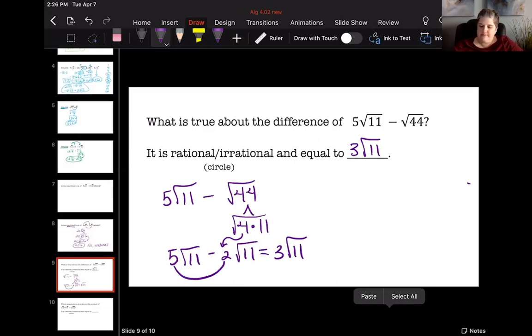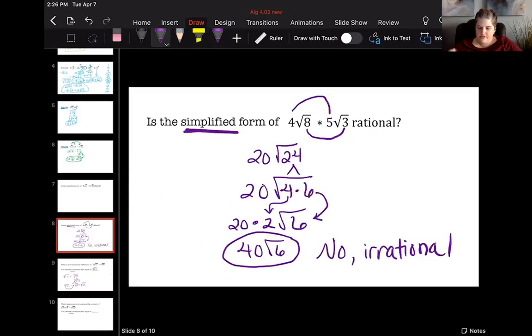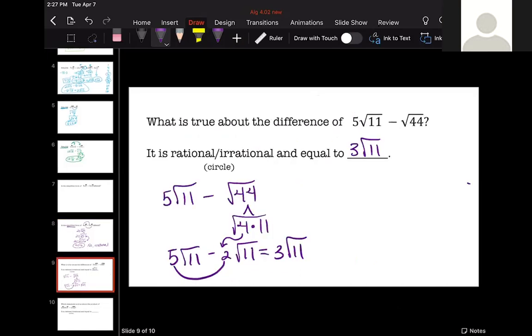Okay, Emily, what do you think? That's what I was thinking, but I don't know. And then Trinity? I don't know. Well, on the last one, you guys picked irrational because of the square root of 6. You couldn't go any further. So on this one, can we go any further? No. So it's irrational again.